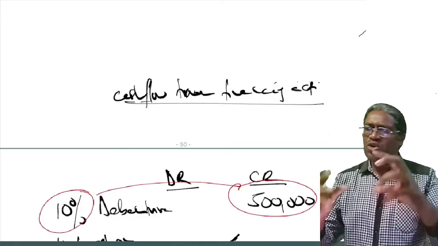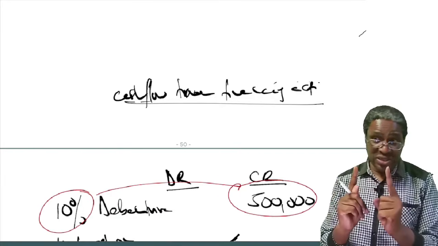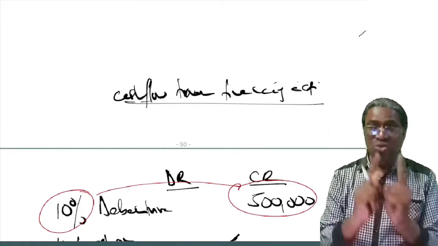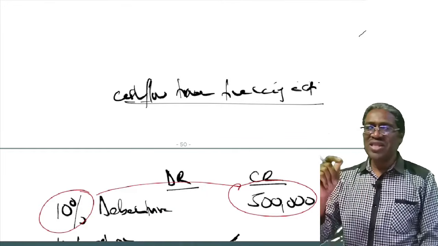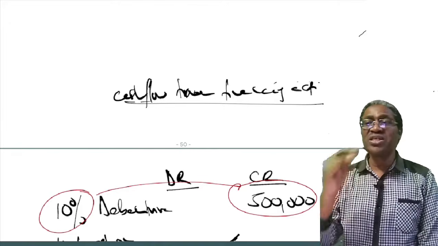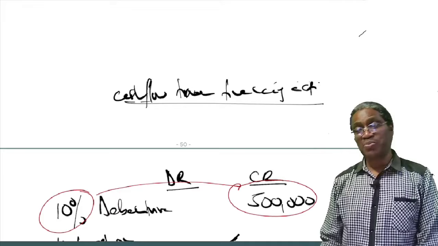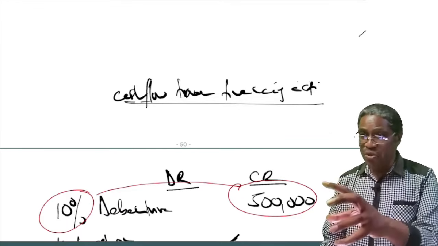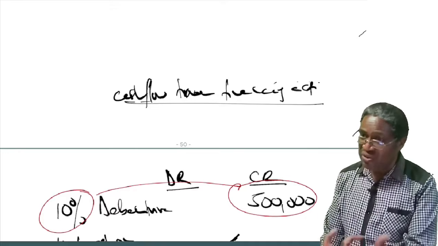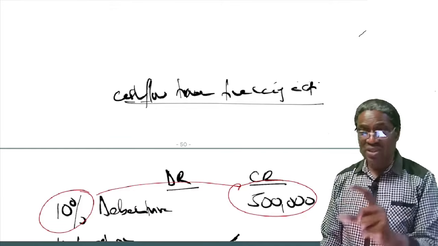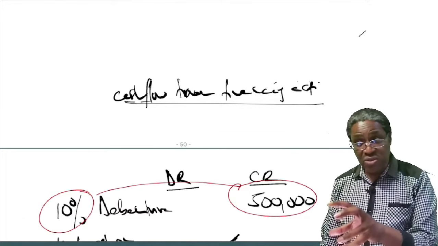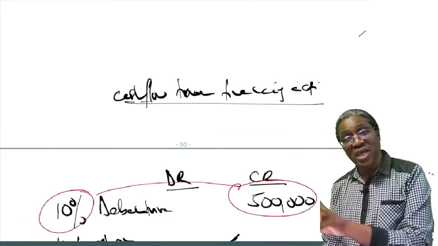Now, whenever you pay returns to the financiers of the business, those returns are normally considered as part of financing. For example, when you pay the shareholders their dividend, dividends paid is classified as a financing activity. We pay debentures their cost of borrowing, that is debenture interest.